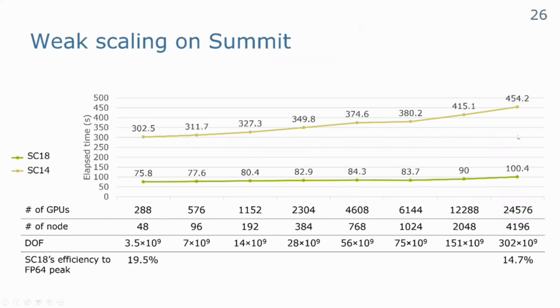Here you can see the SC14 is the state-of-the-art solver, and this green is our newly proposed solver. This is the weak scaling on Summit. You see the weak scaling is almost flat to the full system of Summit. That means we can get a good score on Summit, the GPU supercomputer.